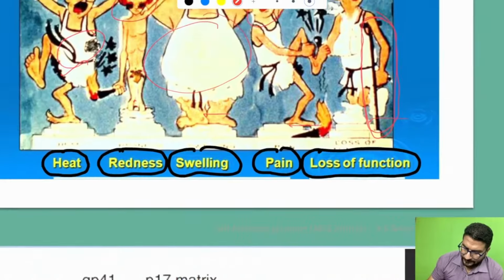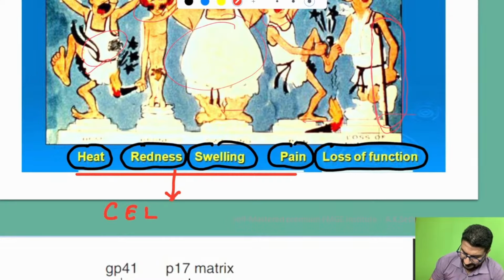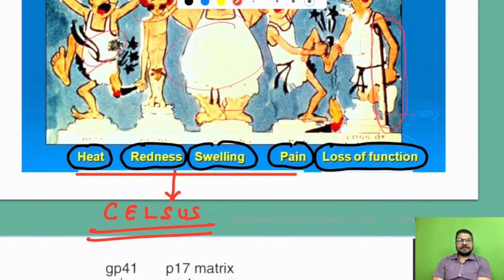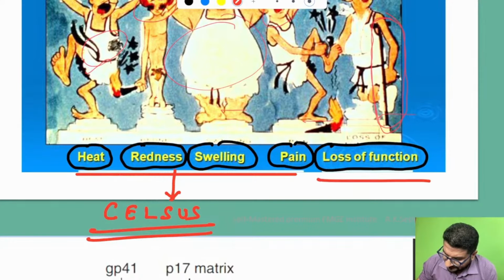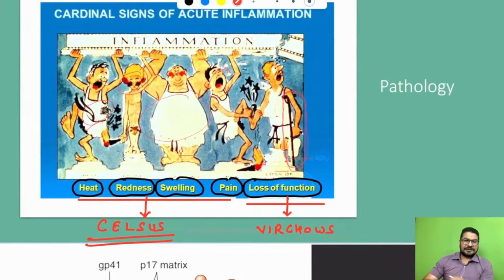The first four signs, heat, redness, swelling, pain, were given by a scientist whose name was Celsus. Celsus ने ये चार साइन दिए थे. These are four cardinal signs. And the fifth sign, loss of function, was given by Virchow. So these are total 5 signs.